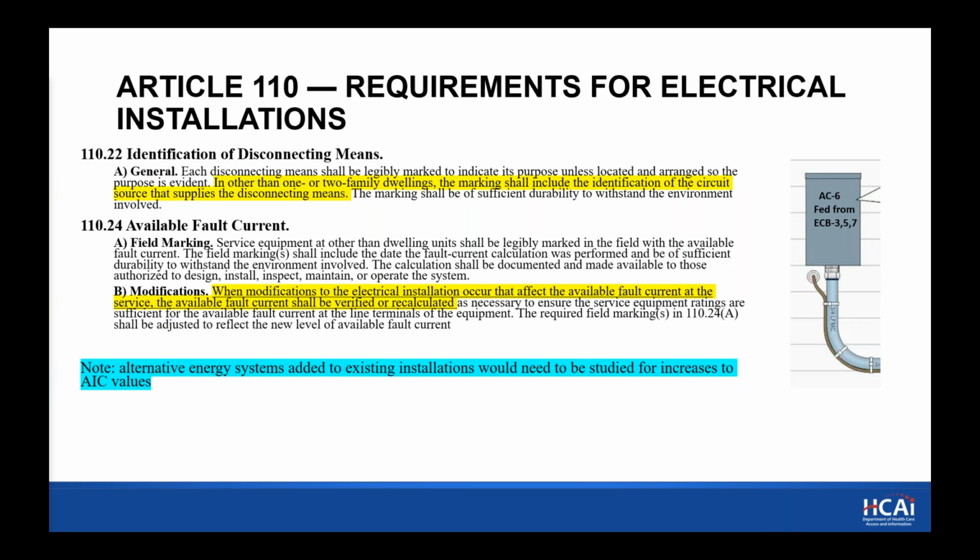So in the theme of evolving technology, we're seeing more and more photovoltaics and fuel cells connected in parallel with the normal system. These are fault current contributors, and when those projects occur, that recalculation would be required, and relabeling.